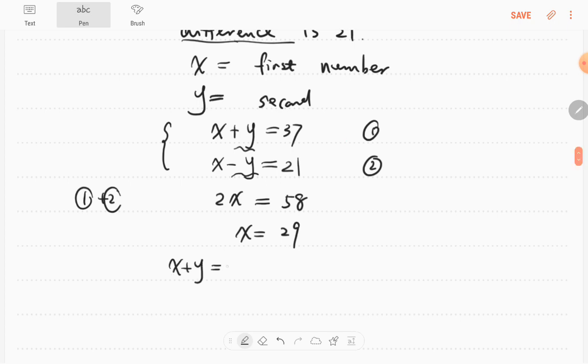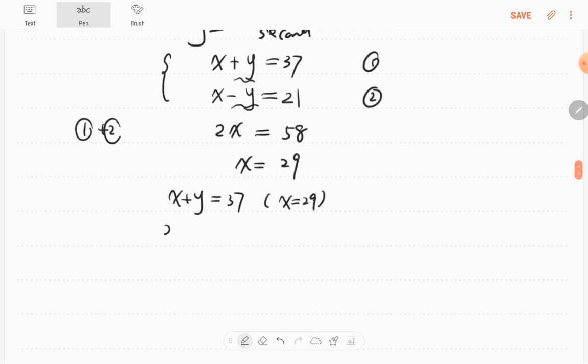One of the original equations is enough. This time x is equal to 29. So we could use 29 to replace x, then solve for y. y is equal to 8. So after that, we have solved the two variables. We list our solution, 29, 8.